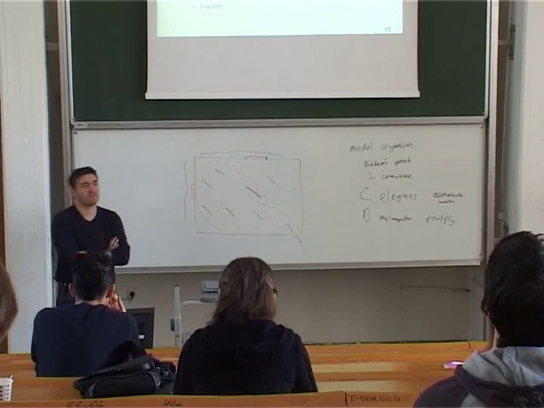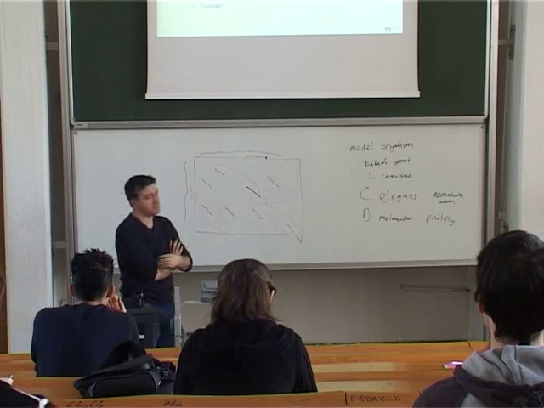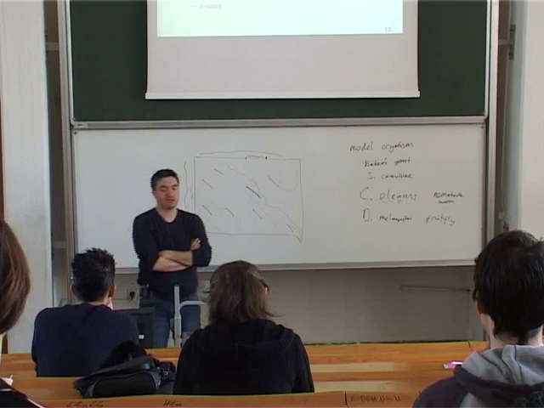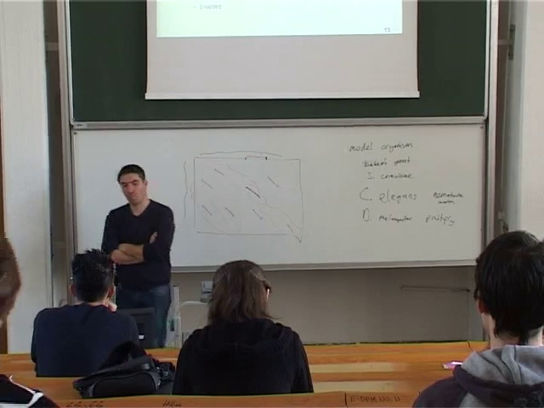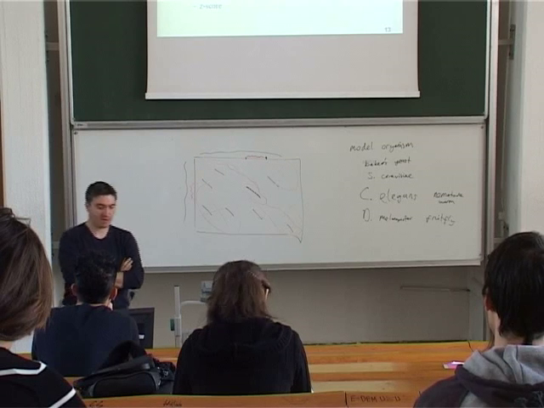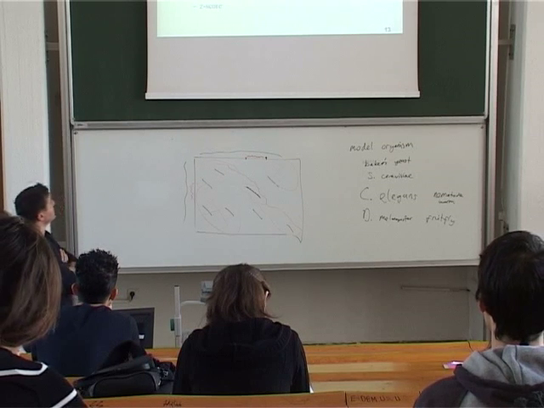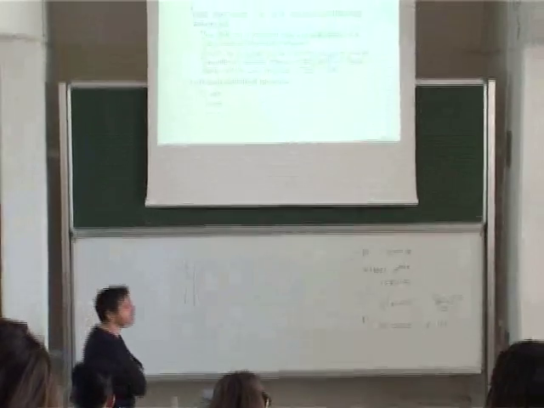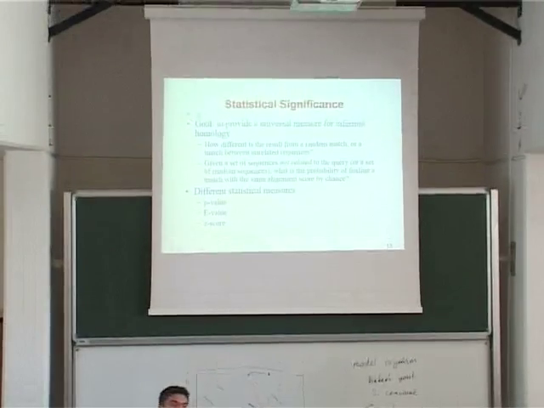When we report our results, we just report them: these are my results, this is what I found. And we do not usually compute significance, which is, I think, a bad thing.